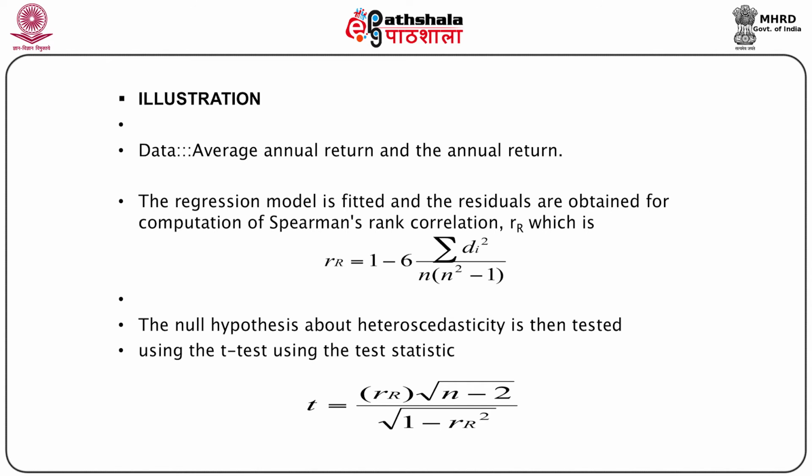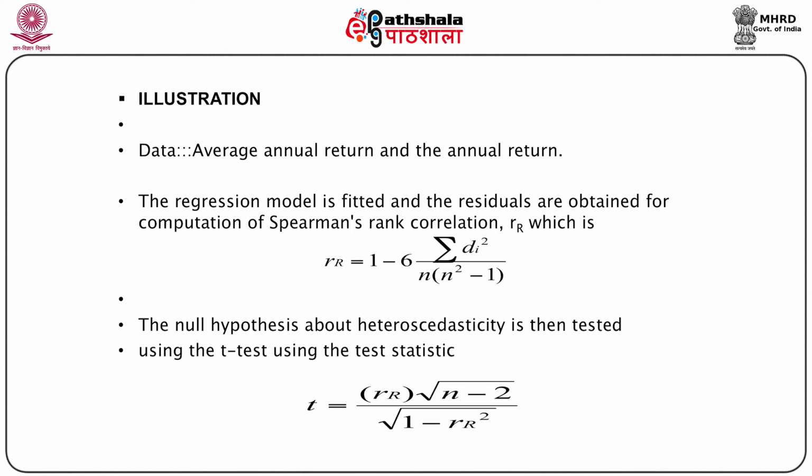Now let us illustrate the rank correlation coefficient test using an example. To illustrate the rank correlation test, we consider the data pertaining to average annual income and the annual return. The regression model is fitted and the residuals are obtained for computation of Spearman's rank correlation coefficient, denoted by r, which is given by 1 minus 6 times the sum over di square divided by n times n square minus 1.